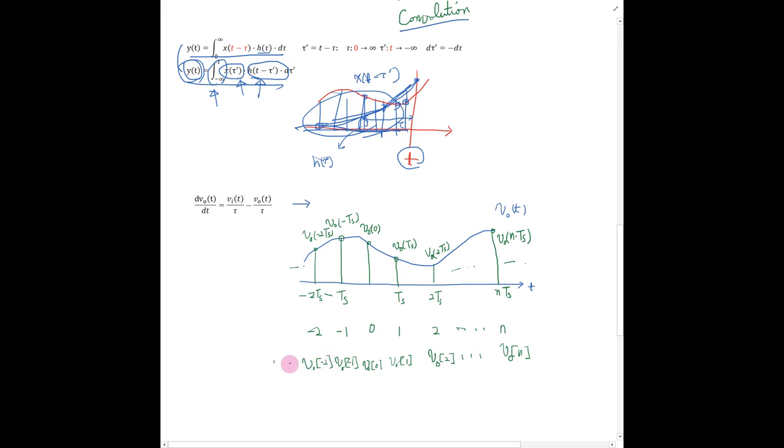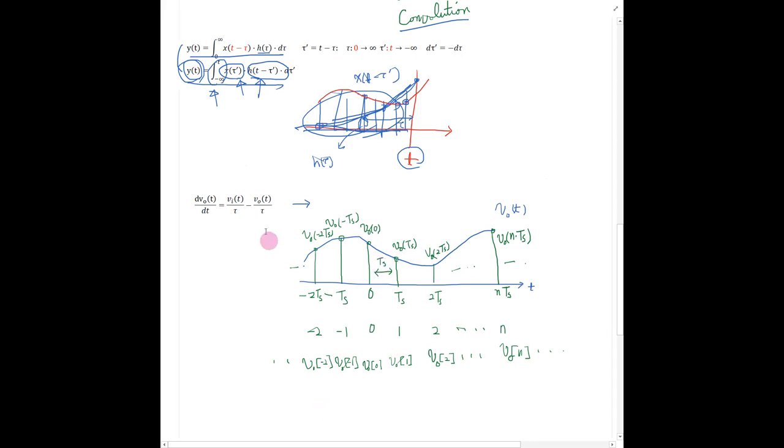It all goes this way. So the sampling process looks like this. There is a continuous version of the output vo(t) that exists here, but we take a sample every Ts. So the time difference is Ts.